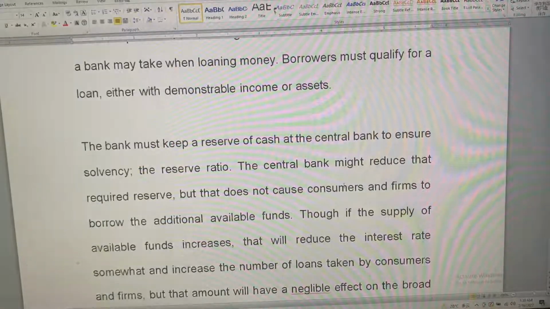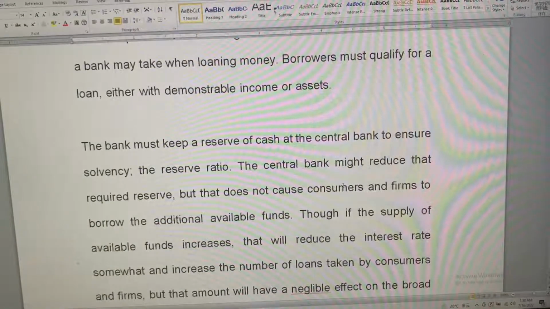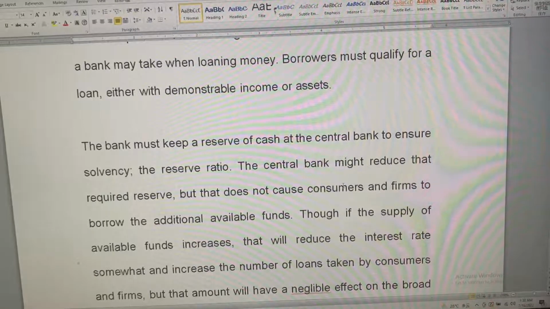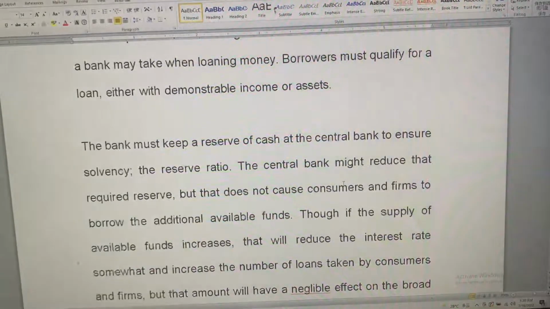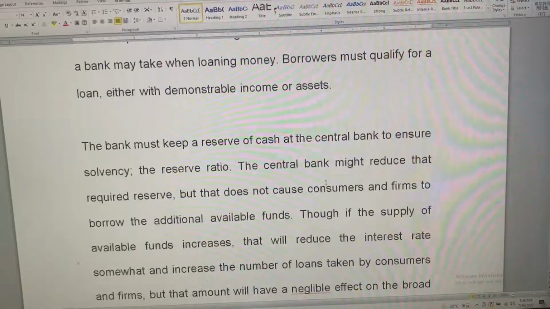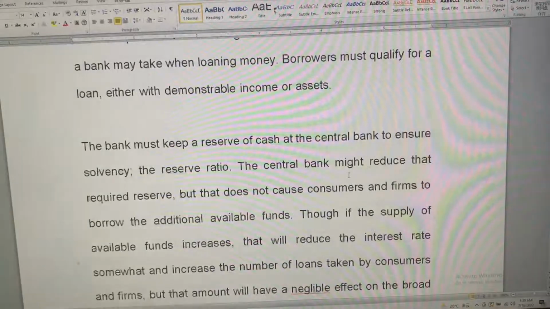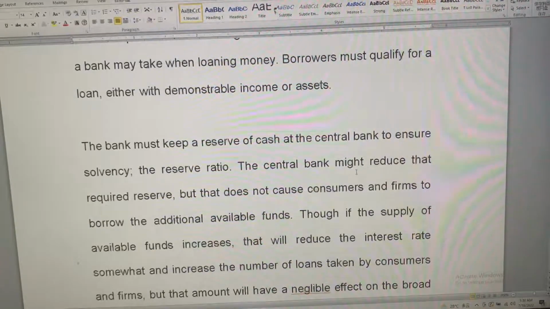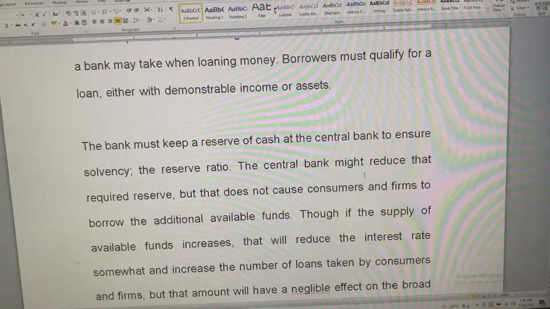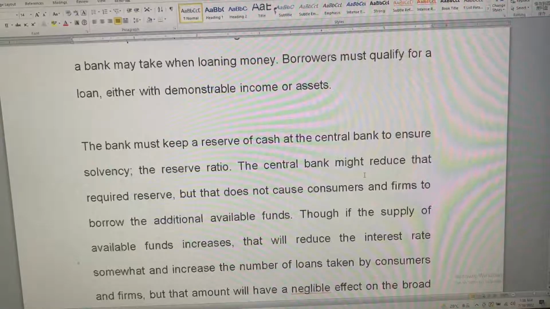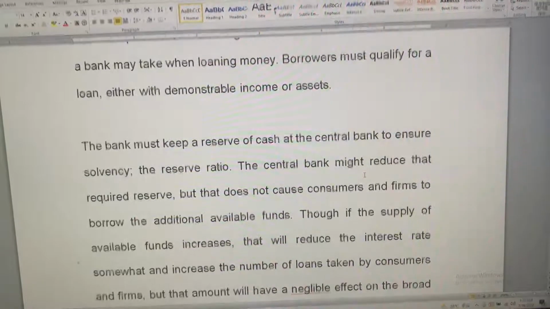The bank must keep a reserve of cash at the central bank to ensure solvency, the reserve ratio. And the central bank might reduce that required reserve, but that does not cause consumers and firms to borrow the additional available funds. That's analysis. So the banks can loan all their money out and increase the money supply, but people must borrow that money and they must have a reason to borrow that money, people and firms.